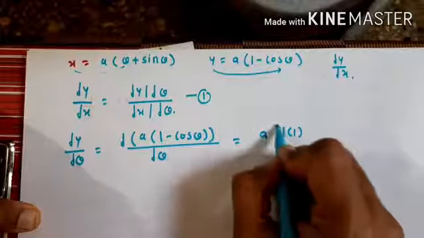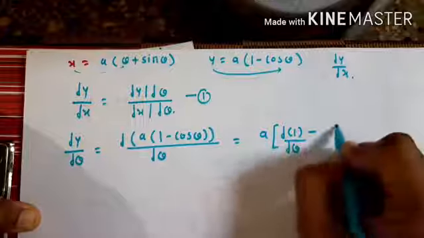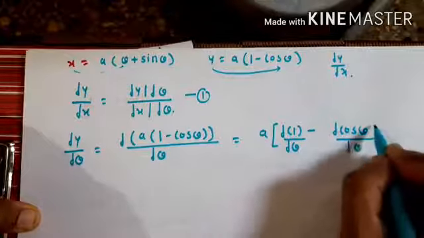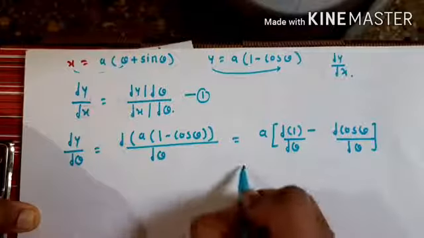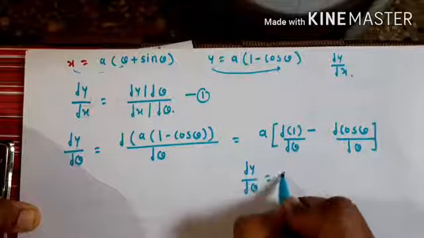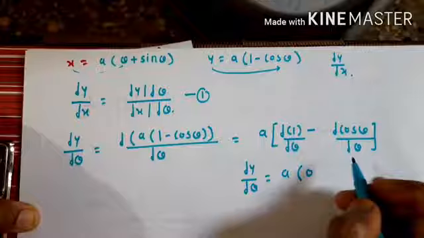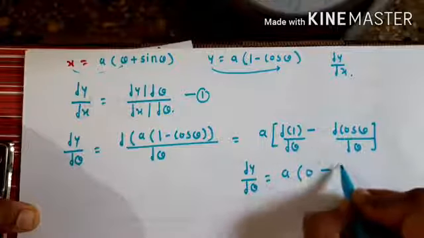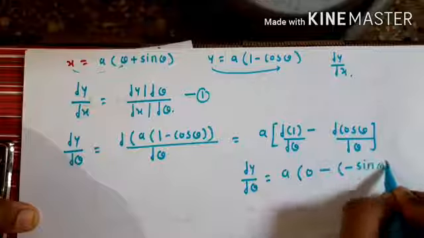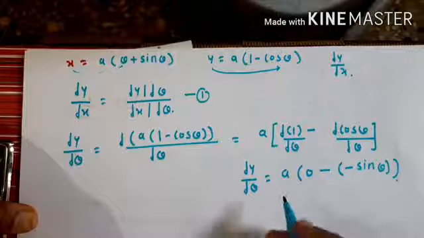Differentiation of 1 with respect to theta minus differentiation of cos theta with respect to theta, and therefore dy by d theta equal to a into, that is differentiation of 1 is 0 minus differentiation of cos theta is minus sine theta, and therefore this is dy by d theta.